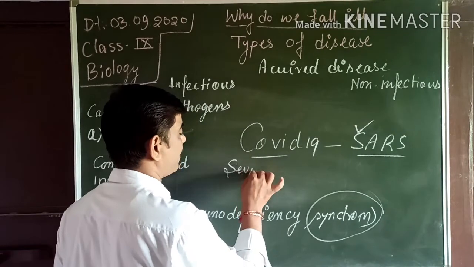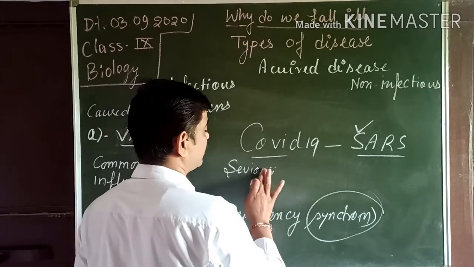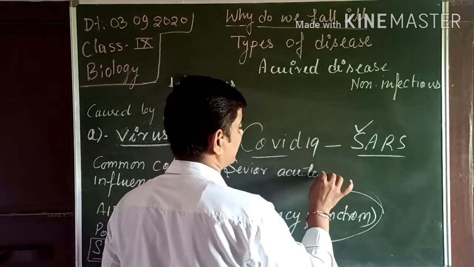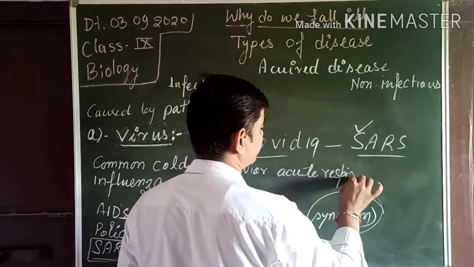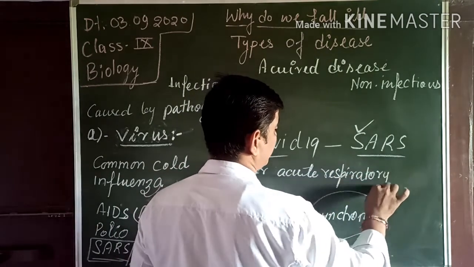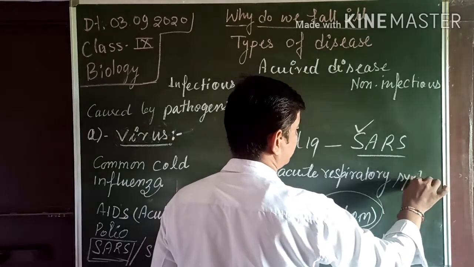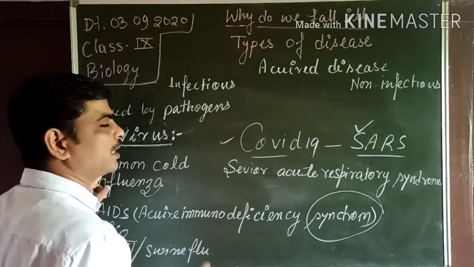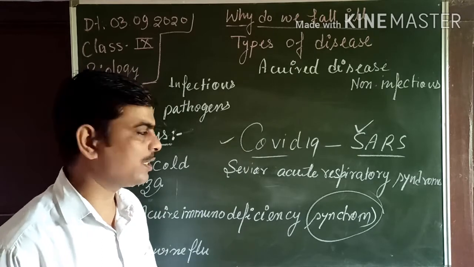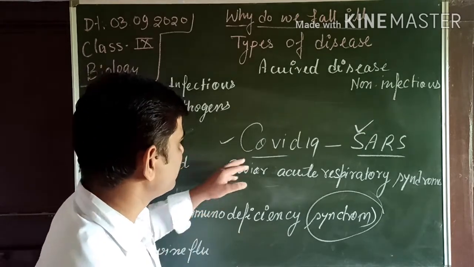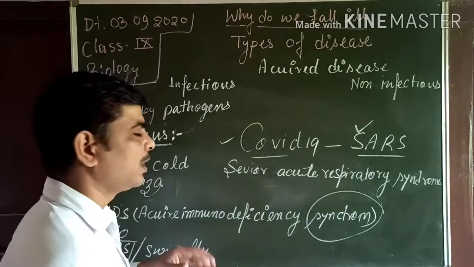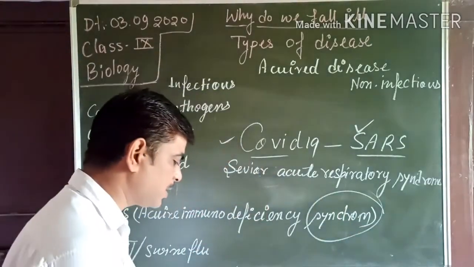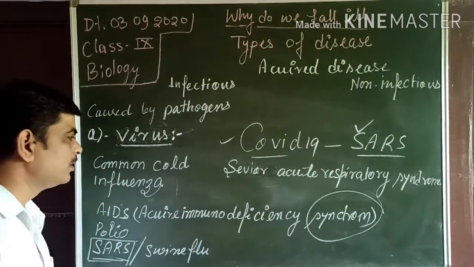Severe acute respiratory syndrome. Common cold is also caused by the same family of virus. So there are 7 types, 1, 2, 3 and 4 more. They are called syndromes because they have the mixed symptoms of many diseases.